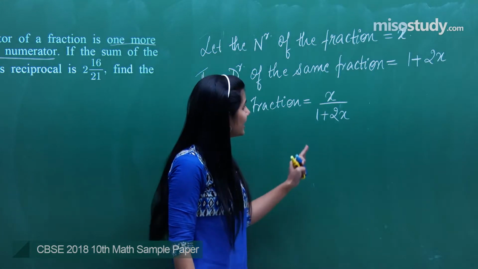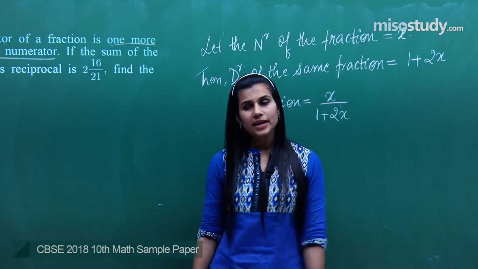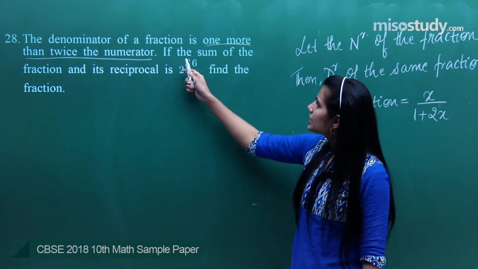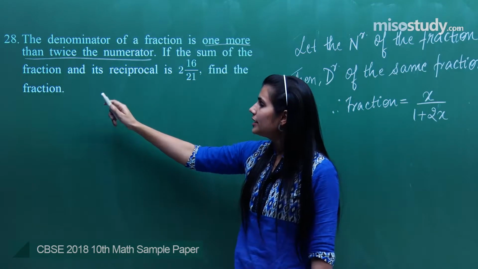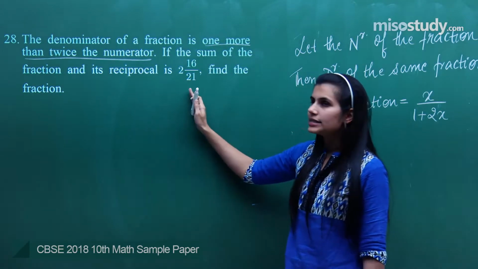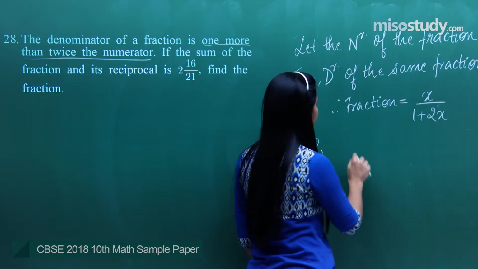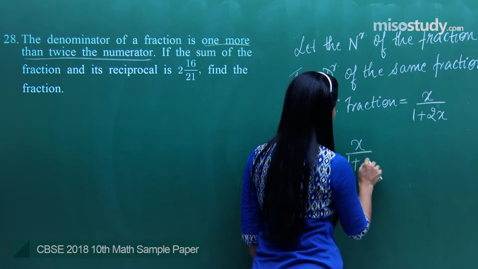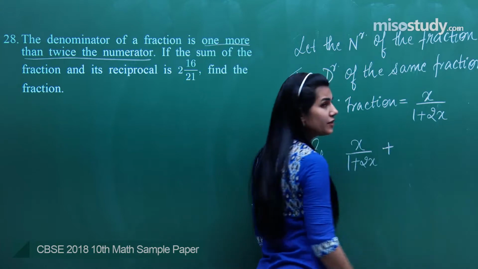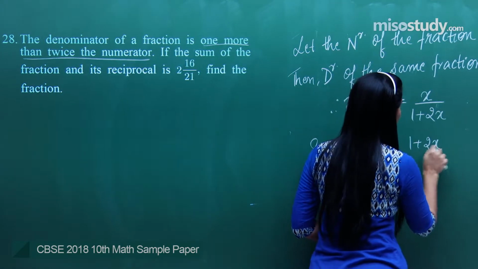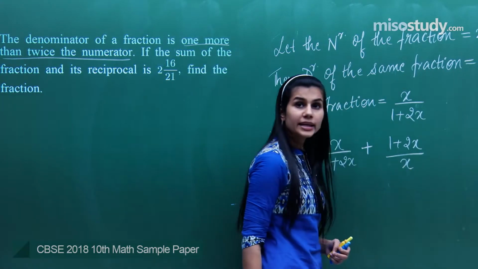Understood? Now that we have obtained our fraction, let's see what the question says further. It says if the sum of the fraction and its reciprocal is this much. So, sum of the fraction, this is my fraction, with its reciprocal, make the denominator the numerator and numerator the denominator.